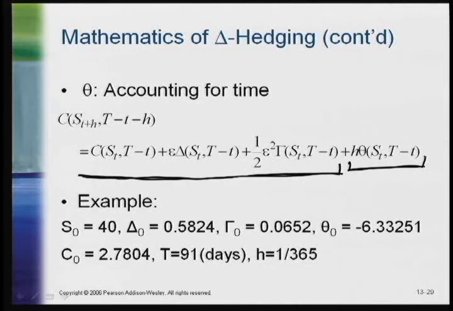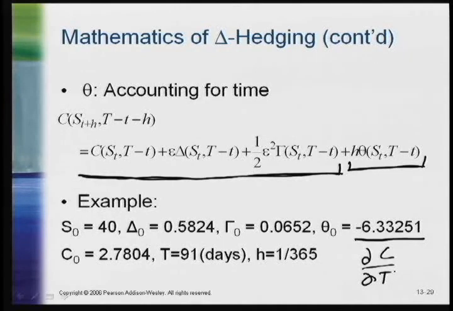And in our example, theta is calculated to be negative 6.33. Now, we have to remember the units of theta. Because time is measured in years, this would be the change in the option value annualized. When we calculate dC/dT, the units of time are years.